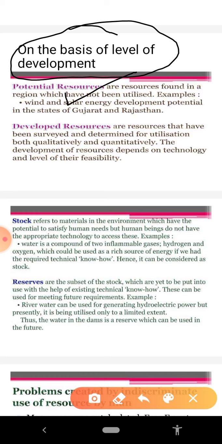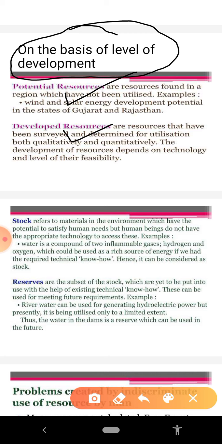Resources which are found in a region but have not been utilized due to lack of capital or other reasons. For example, the western part of India, particularly Rajasthan and Gujarat, have enormous potential for the development of wind and solar energy. But so far, these have not been developed properly due to lack of technical know-how or capital.